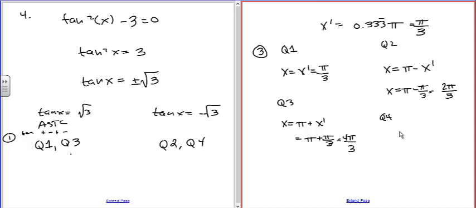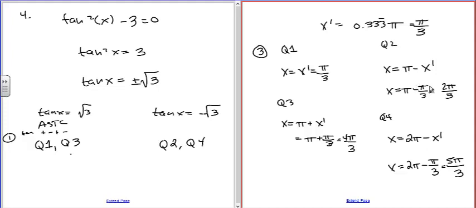And your fourth quadrant solution, x is equal to 2 pi minus x prime. And so you get 2 pi minus pi over 3 again. This is 6 pi over 3. 2 is 6 over 3. 6 minus 1 is 5, so you get 5 pi over 3.